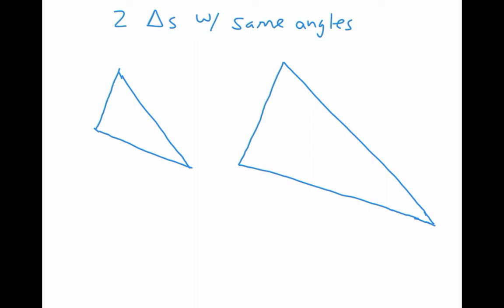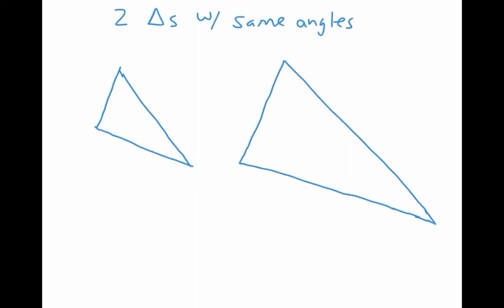Once you get that drawn, I'm going to label the vertices, or the corners, of the different triangles. For this first triangle, I'm going to put an A on top, a B on the right, and a C on the left. And maybe I'll go with an M, an N and an O for my second one.